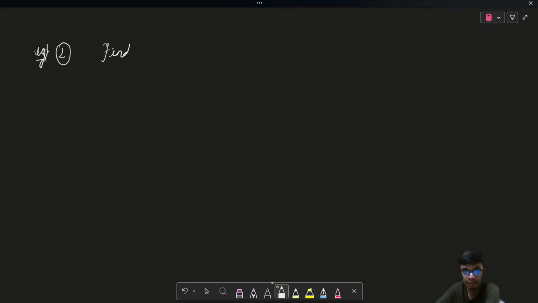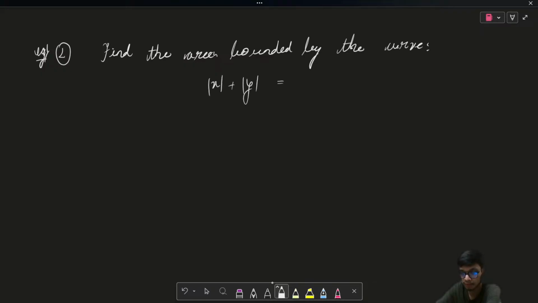Let us say I have to find the area bounded by the curve, and this curve is given as mod of x plus mod of y equals 1. If I look at this problem, it's a very simple thing.